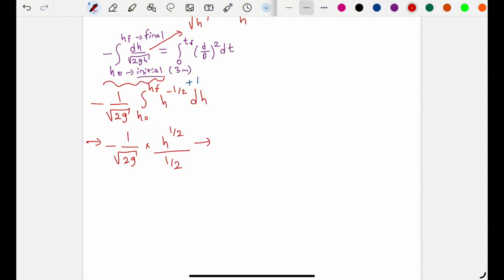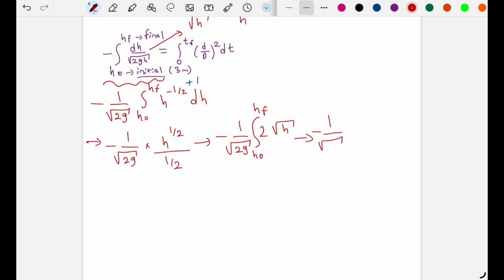So in other words, it gives 2 square root of h. And since this is within h0 and hf, we will get minus 1 over square root of 2g times 2 times hf minus h0.